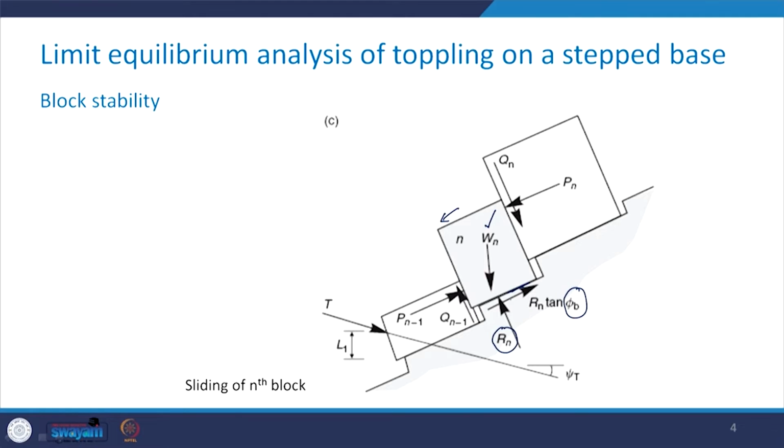Therefore, the tangential component, which will be perpendicular to this normal force, is going to be Rn tan phi b, and the forces Pn and Pn minus 1 are shown like this. Similarly, Qn and Qn minus 1, which are the shear forces on that block in this direction, have been shown in this figure.